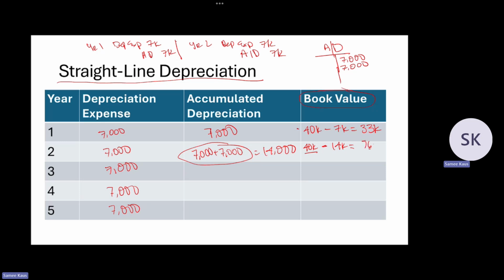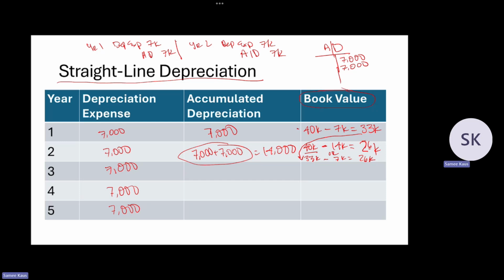That is going to give me 26,000 bucks. That's how much is going to show up on my balance sheet related to this. Or I could say, I know I had a net book value of 33 at the end of year 1. All I'm going to do is subtract out my current year depreciation expense and I'll get the same 26. It's totally up to you on what makes sense to you.